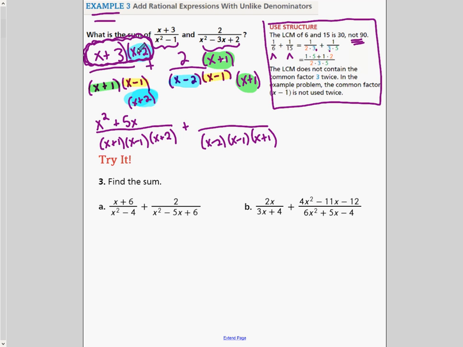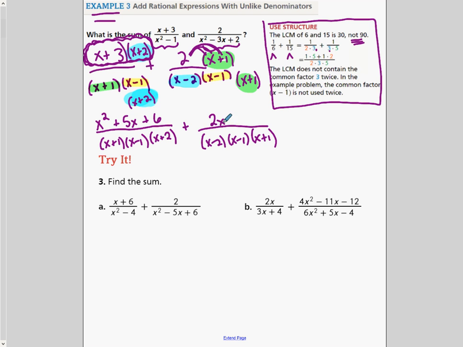The reason I'm doing this is then we're going to have to combine like terms up here with everybody in the numerator. So we don't want to leave the numerators in factored form. We want to get them in standard form. So back to where we were. I still had to do the 3 times 2 to make 6. For the other numerator, you're just going to distribute the 2 and make 2x plus 2.